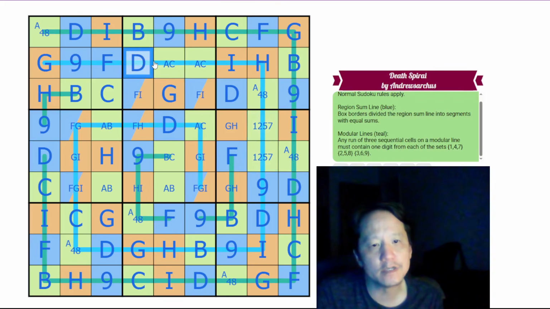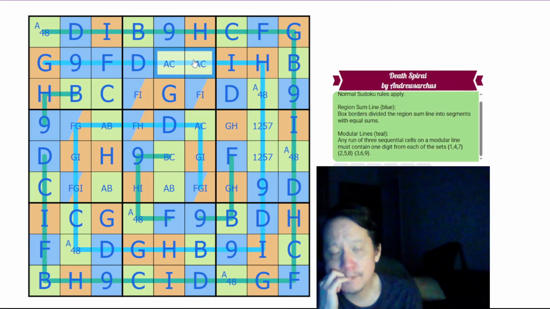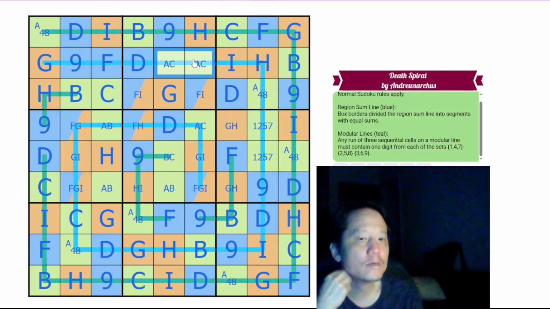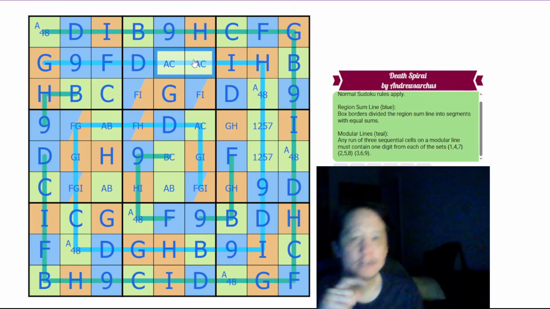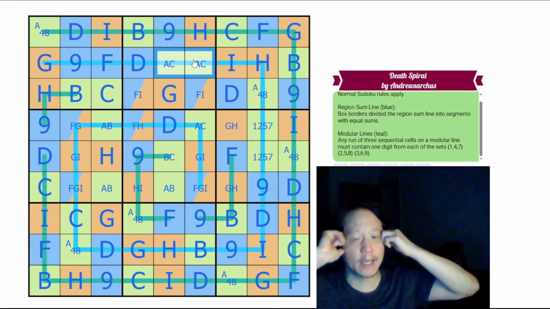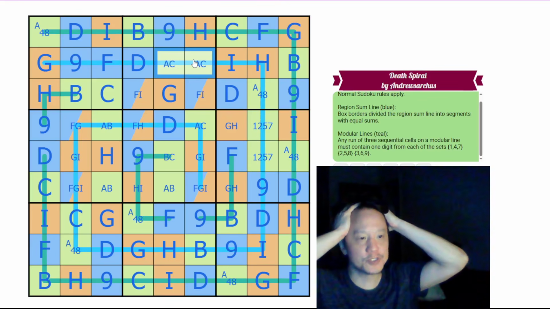A, C, and D. So A, B, and I adds up to 9. D, I, and F, G add up to either 7 or 8.